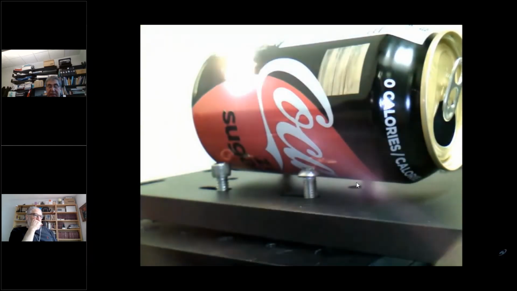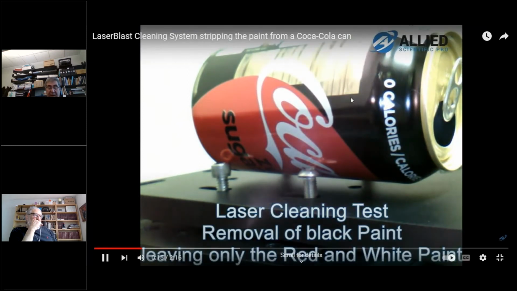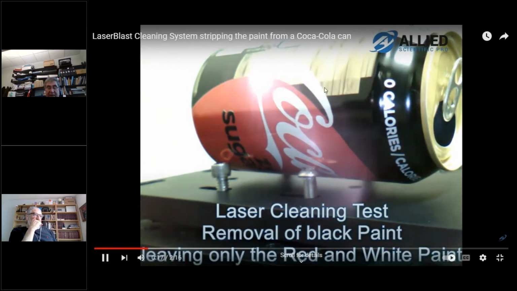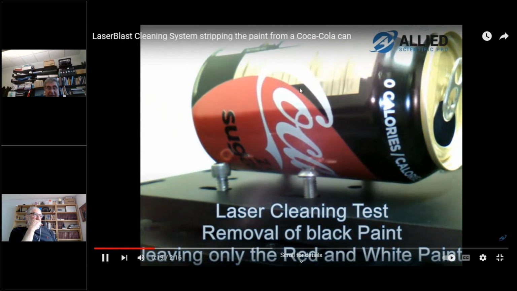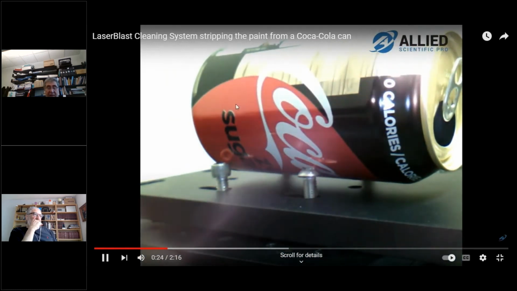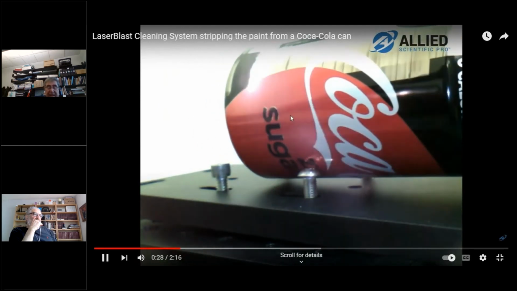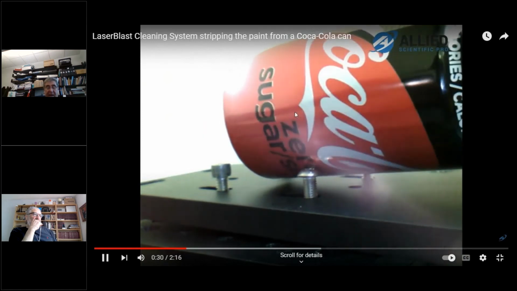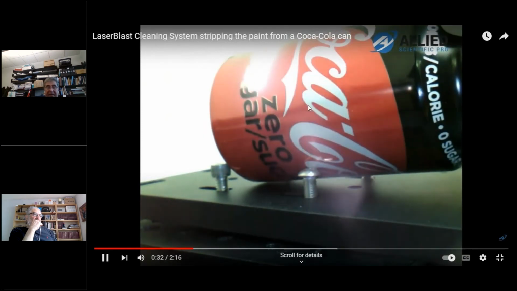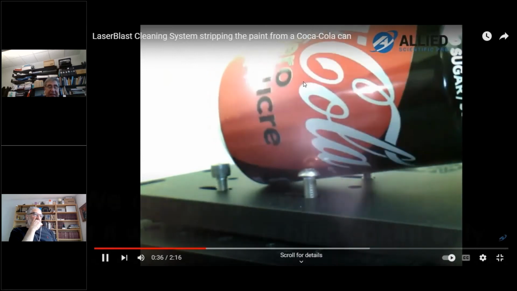Okay, so this video actually has no sound, so you can see the laser beam is going over the surface and is removing the black paint. Although it also covers the white and the red, it's not removing them. It's only removing the black. And this is really an amazing advantage of laser cleaning. You cannot do that with sandblasting, for example.